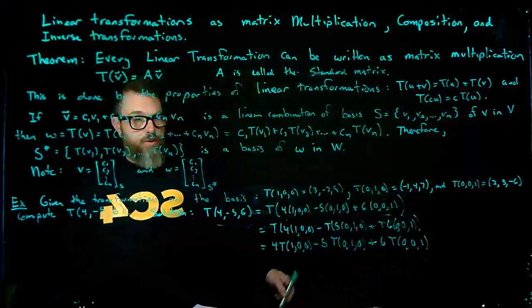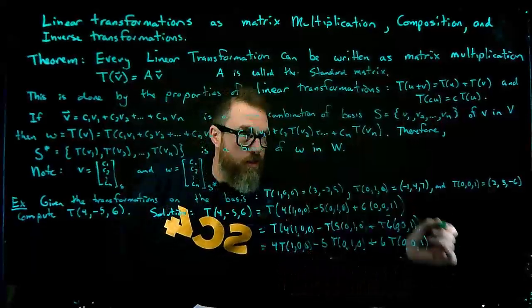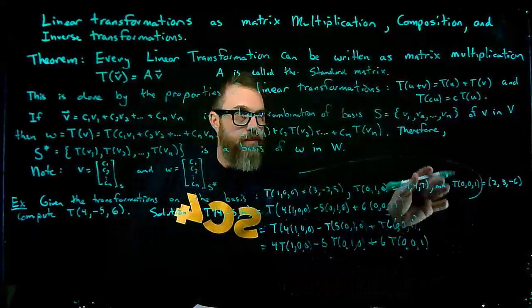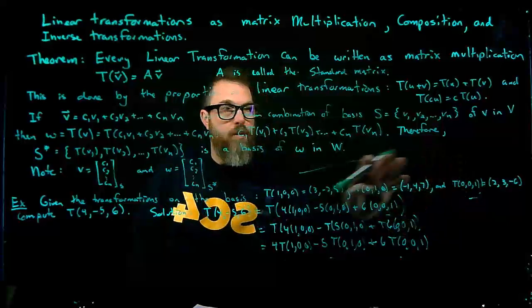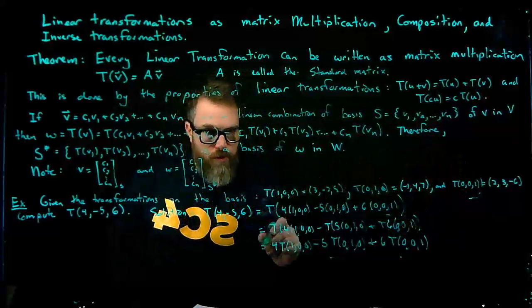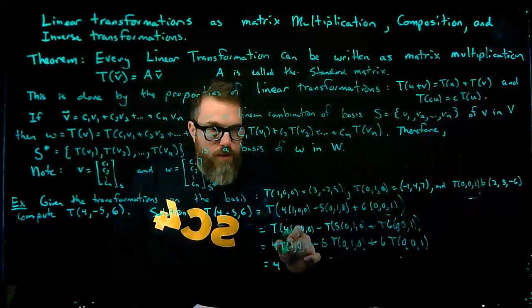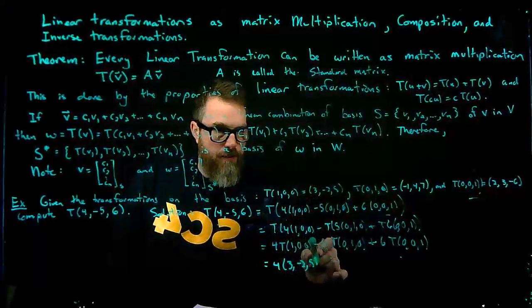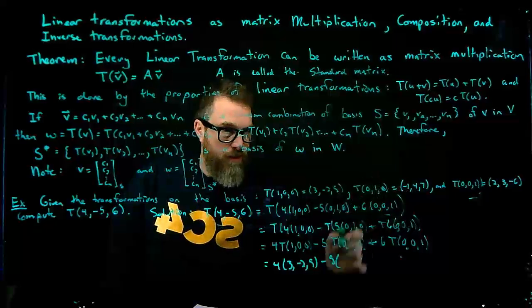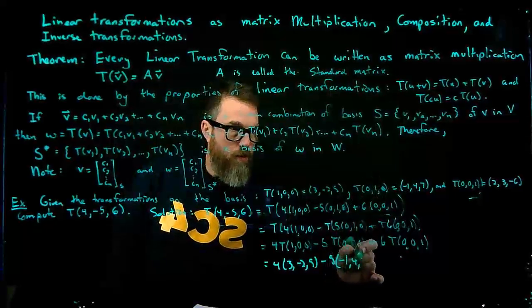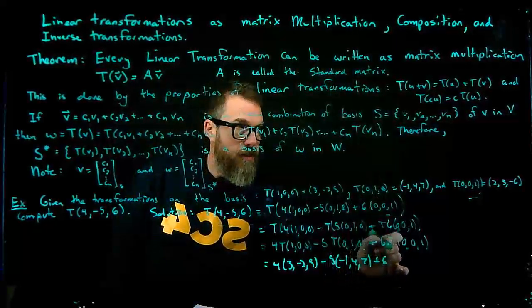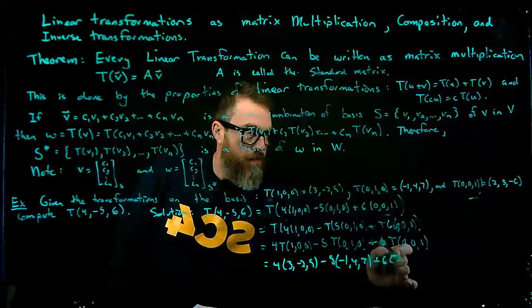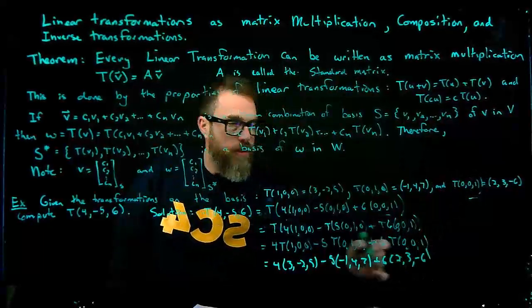And since I know these transformation pieces, they're right here, T of 1, 0, 0 is going to be 4 times 3, minus 2, 5, minus 5 times this transformation, which is going to be minus 1, 4, 7, and then plus 6 times the transformation of this, which is going to be 2, 3, minus 6.